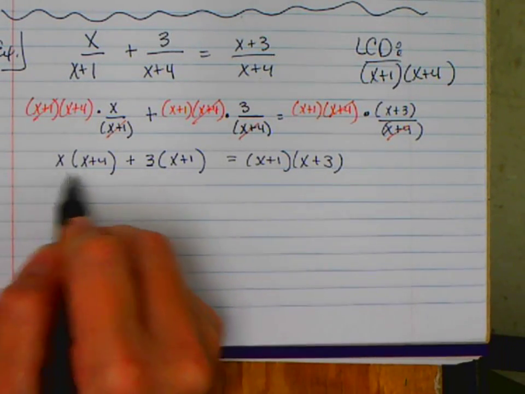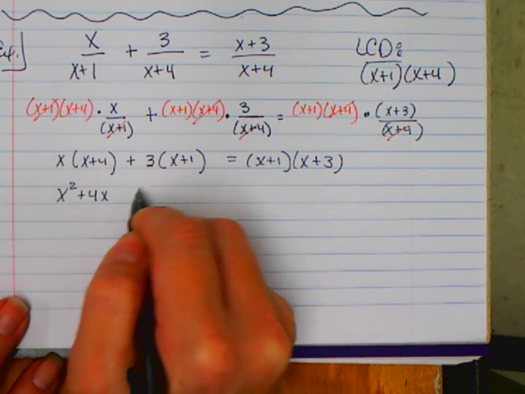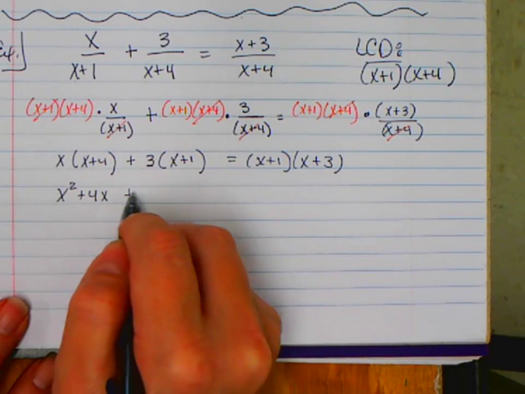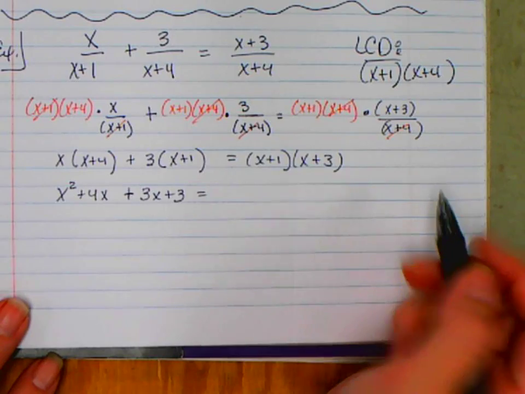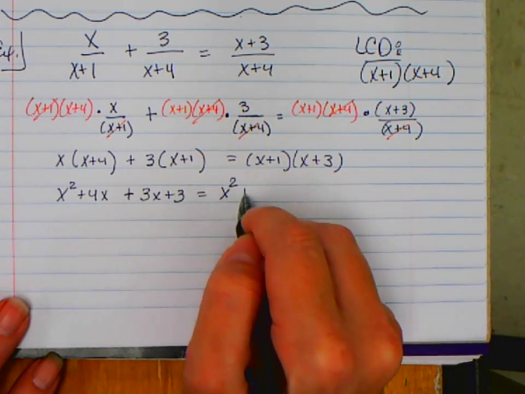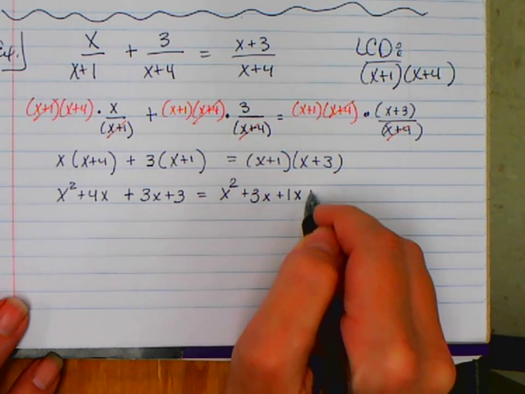I'll clean it up. I'm going to distribute: x squared plus 4x plus 3x plus 3 equals x squared plus 3x plus 1x plus 3.